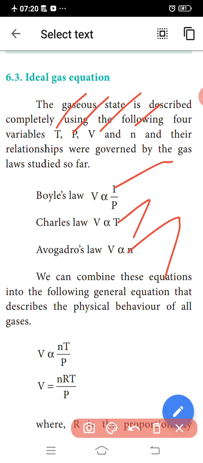So V is proportional to nT by P. R is the proportionality constant, the universal gas constant.